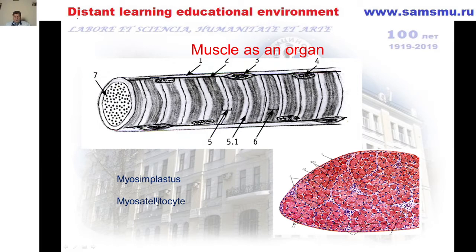Muscle as an organ consists of muscle fibers connected together by a system of connective tissue, blood vessels, and nerves. So you may see the muscle fiber, and also you may see these fibers, structural units in skeletal muscles here.